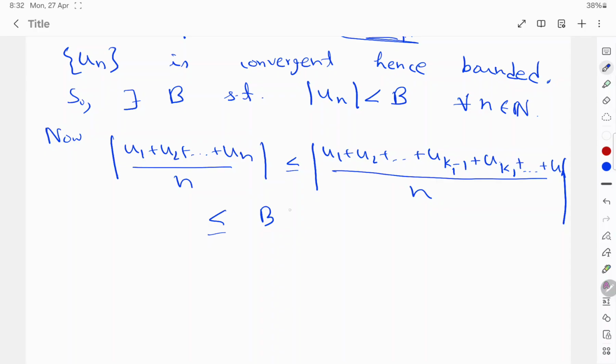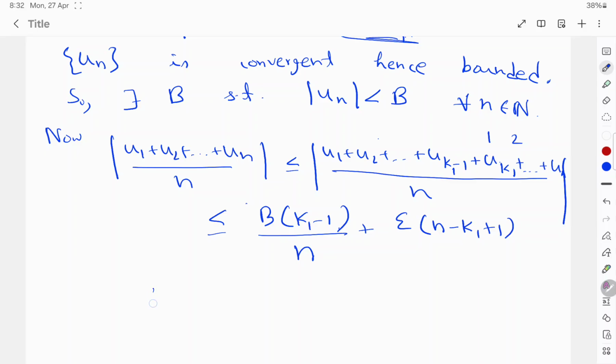So how many b is there? You can say k1 minus 1 times, right? This is b 1, this is 2, so up to this is k1 minus 1, so k1 minus 1 into b, right? Plus, and this term you can write epsilon how many times? You can say this is n minus k1 plus 1. You just check how many number you are getting. Okay, this is k1, this is your first, k1 plus 1, so this is your 2 term, right?